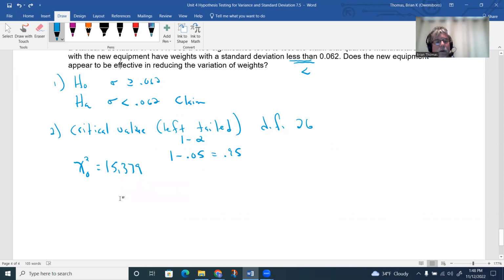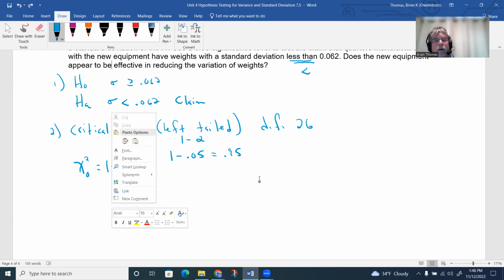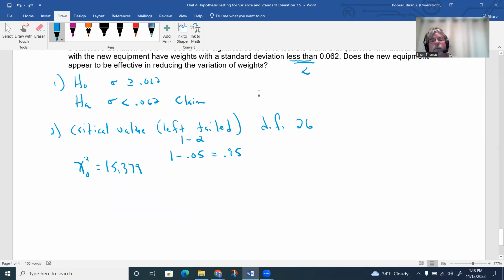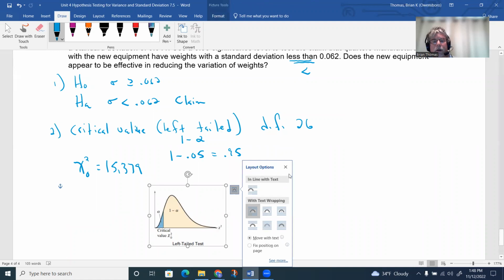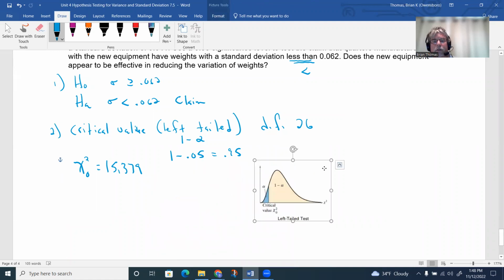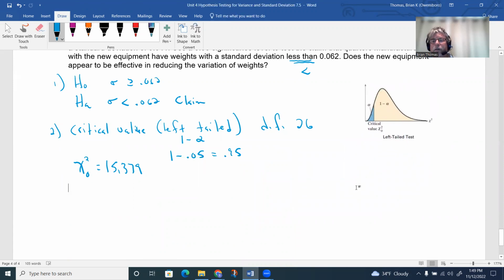Okay, so left-tailed. So we have to be less than this critical value of 15.379 to be in the fill region.